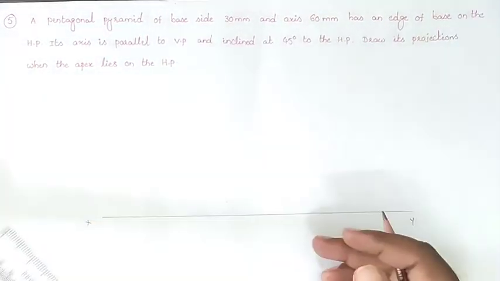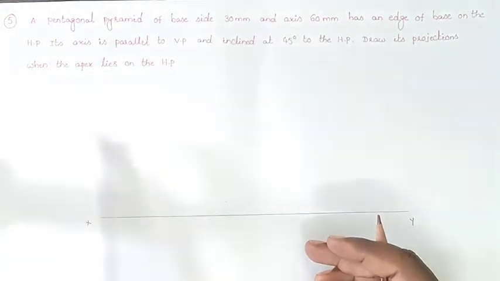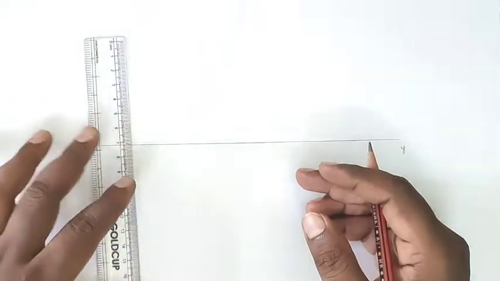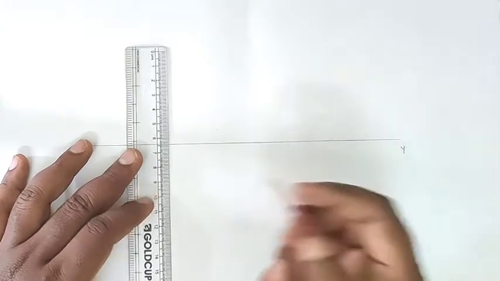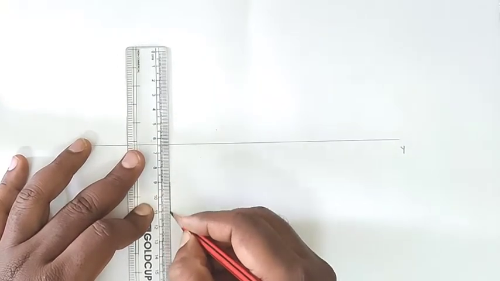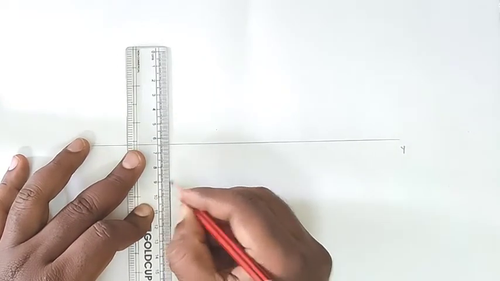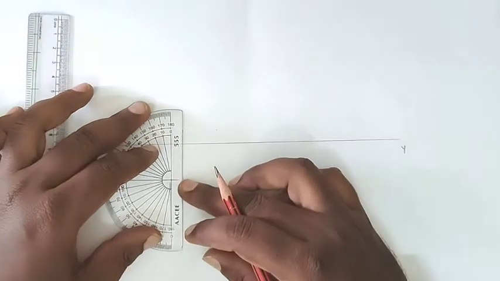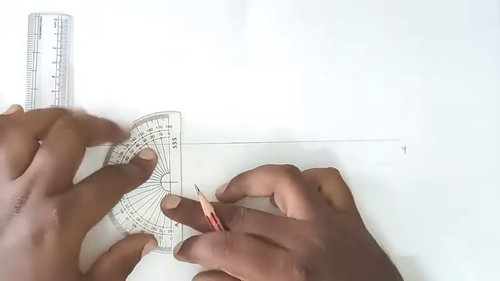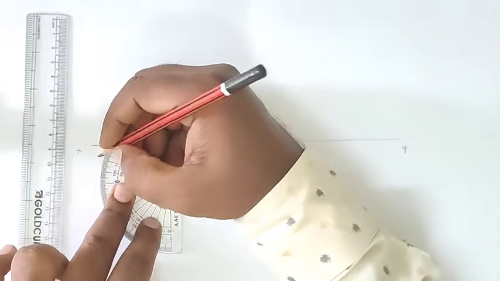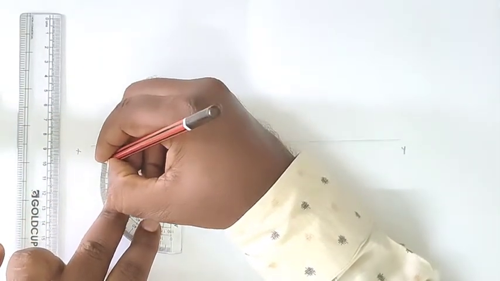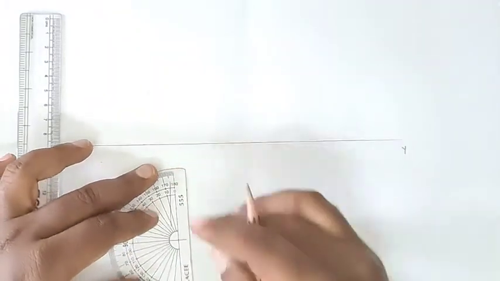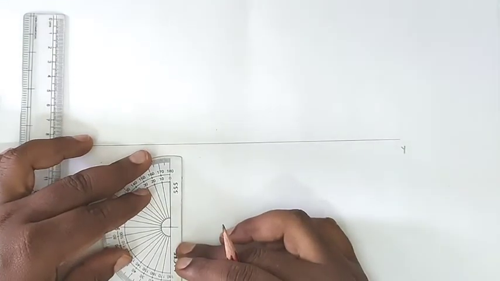So they are giving the edge. How will we draw the edge of the diagram? First of all, I am drawing the edge as 30 mm. With 30 mm I am drawing the edge like that, and from the corners of that edge we will draw the 72 degrees angle and construct the pentagon.